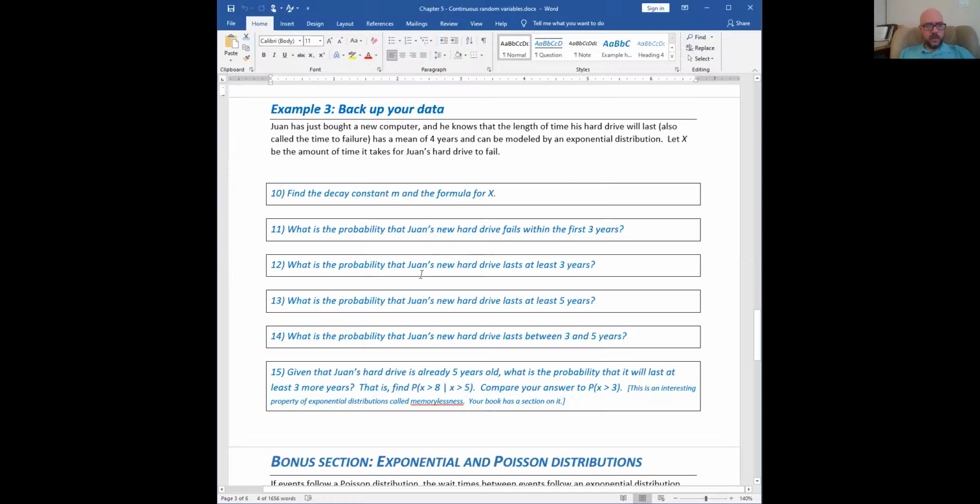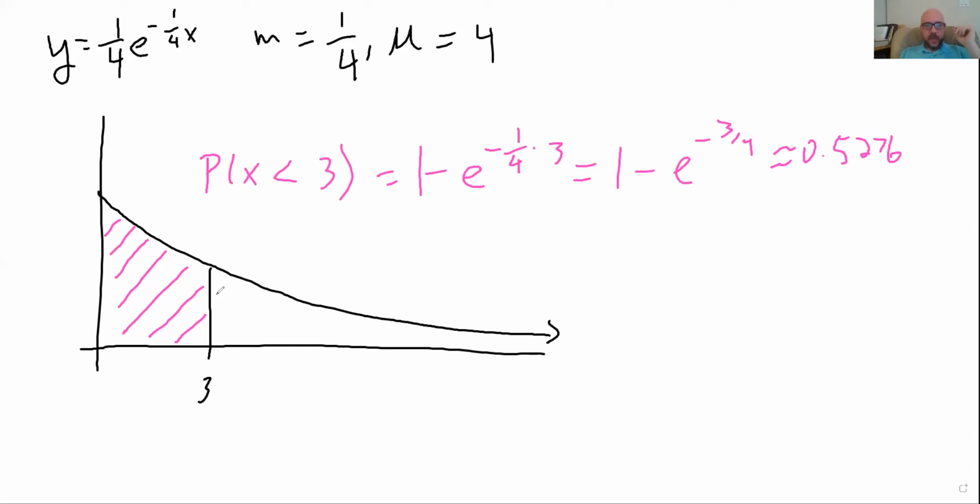What is the probability that Juan's new hard drive lasts at least 3 years? Aha, we can answer this one without doing too much work. If we're asking about at least 3 years, then we're asking about the area to the right of 3. Well, that's just 1 minus the area to the left of 3.